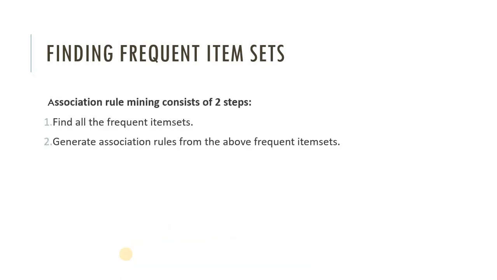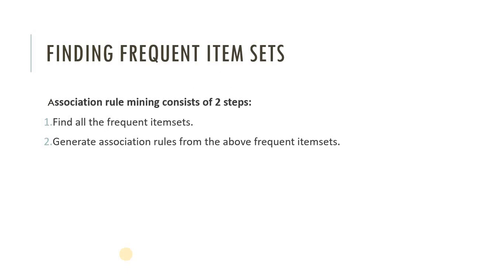Now, association rule mining consists of two major steps. The first is to find all the frequent item sets, and the second is to generate the association rules from those frequent item sets. As I already said, we have one simple database.